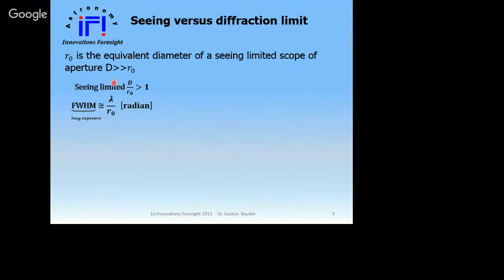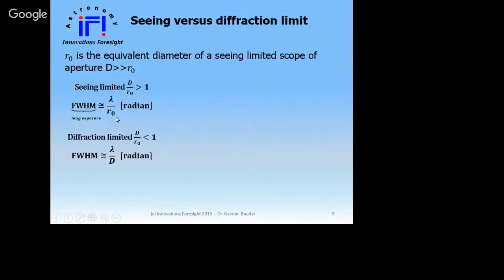So any scope having a ratio between diameter and R0 greater than 1 is seeing limited. And in that case, the resolution, for instance for long exposure, is lambda over R0 in terms of radians.